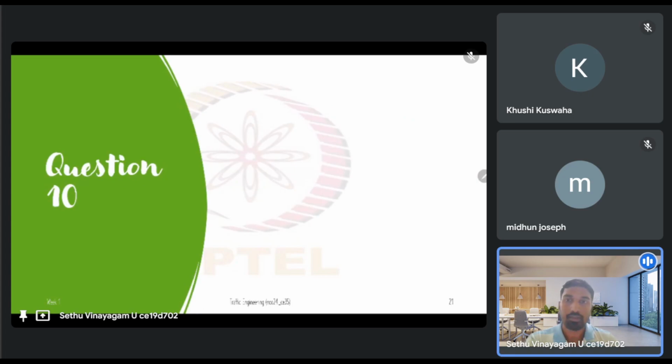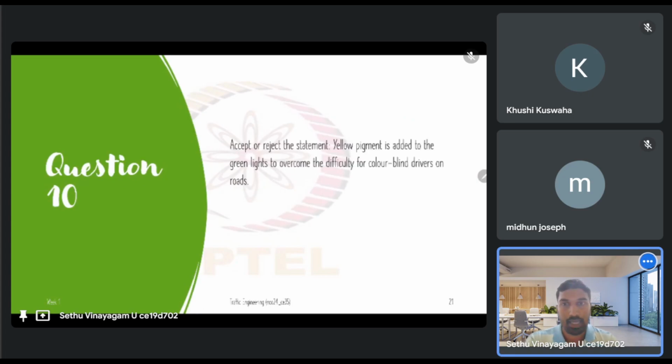Okay, question number 10 is yellow pigment is added to the green lights to overcome the difficulty for colorblind drivers on roads. So whether we accept or reject this statement.